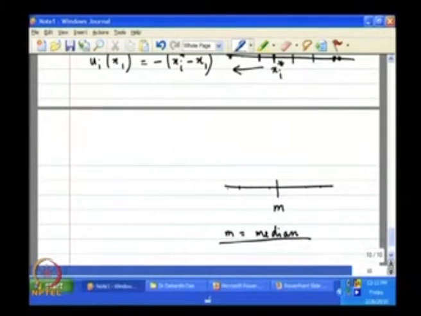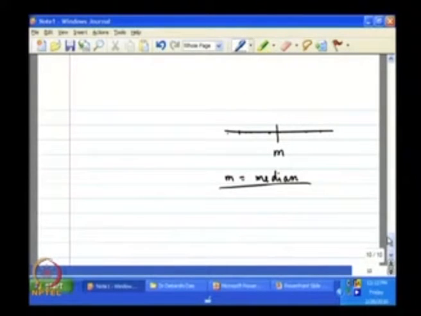The definition, as we have known before, is that half of the voters in this country will have their favorite positions either equal to m or less than m, and half of the voters will have their favorite positions either equal to m or greater than m. That is how the median is defined. We are going to see that this m position is going to be of major importance.